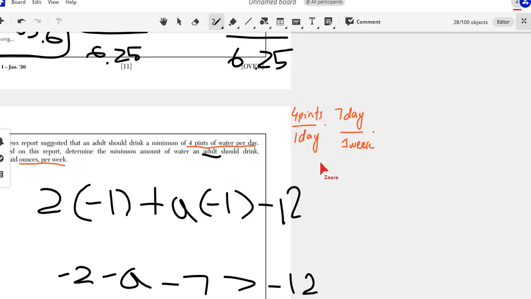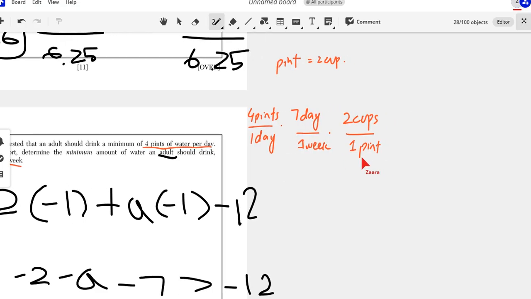Now this is how many pints he will drink in one week. Then in one pint there are 2 cups, 2 cups per one pint. Is it clear?